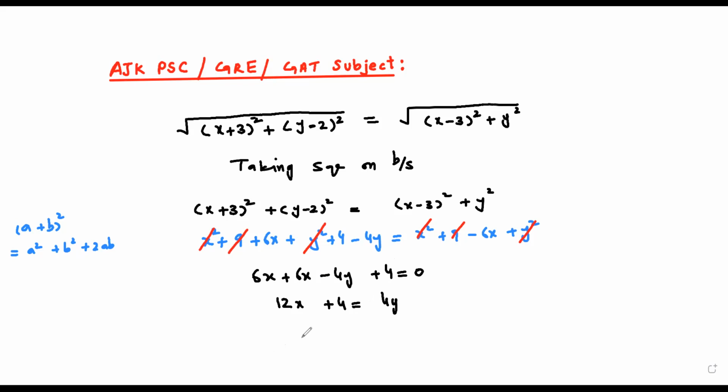If we take 4 as common, we can write y is equal to 4 times 3x plus 1 over 4, that is, y is equal to 3x plus 1.